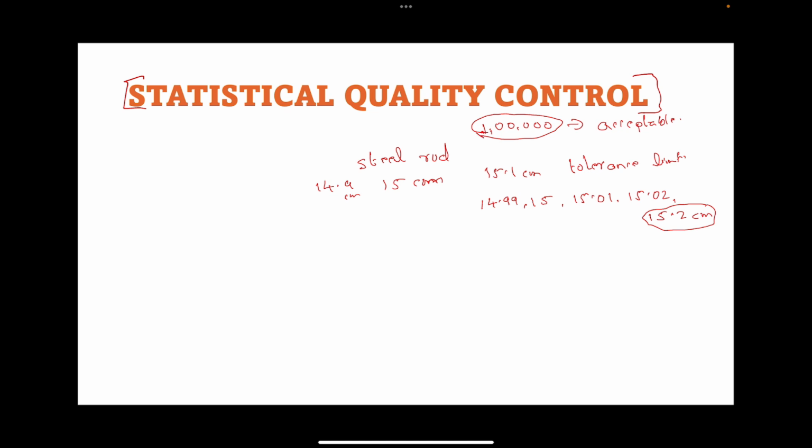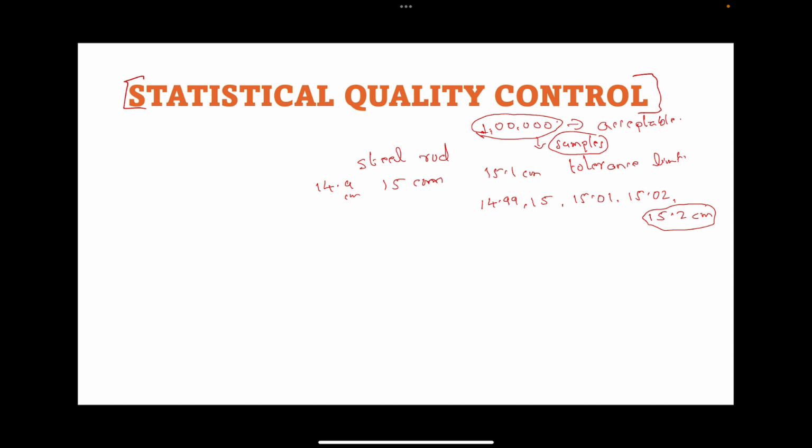So if you have manufactured 1 lakh products, it is not possible to measure the length of each of these. So we can do it only by taking samples out of this lot, and then check for the length.